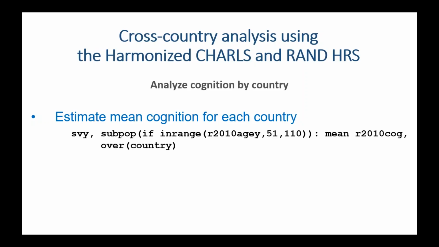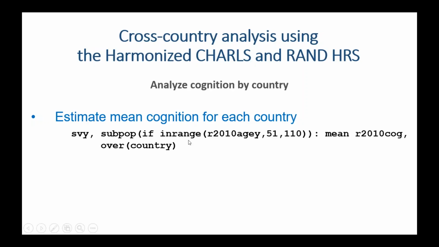So we're going to say svy, recalling how we set up our complex sampling design, again saying that here's our weight variable, but it's different for different countries. And in this case, we really want to use a subpop again, because we want to make sure that we're comparing the same age groups.